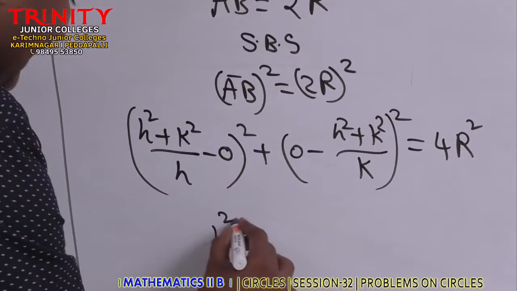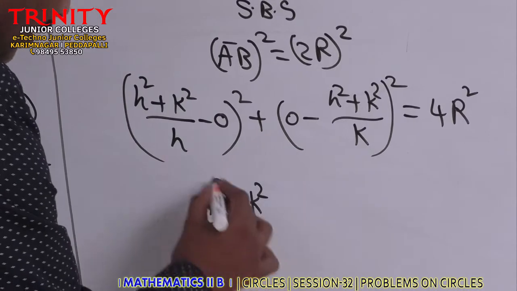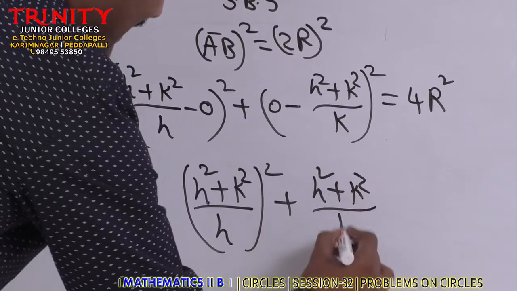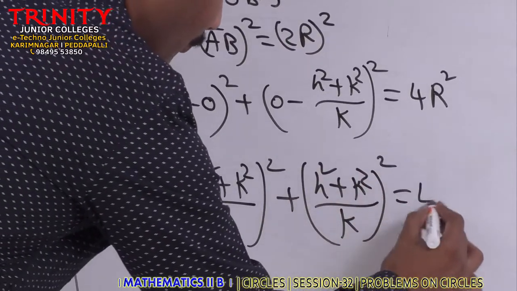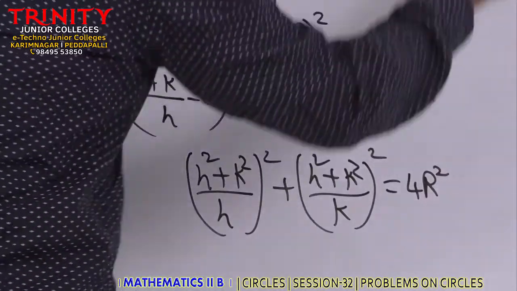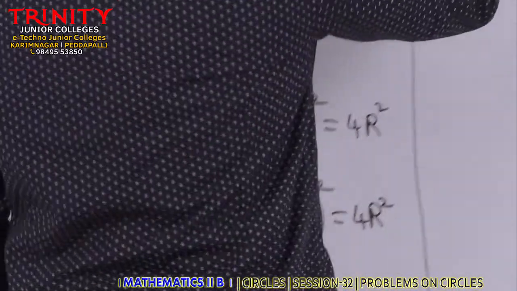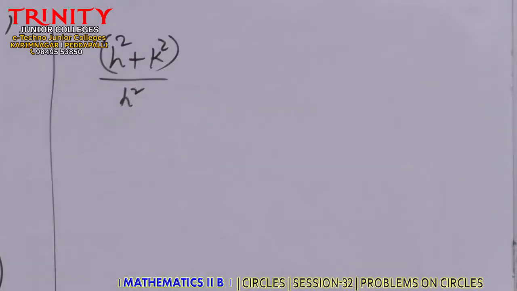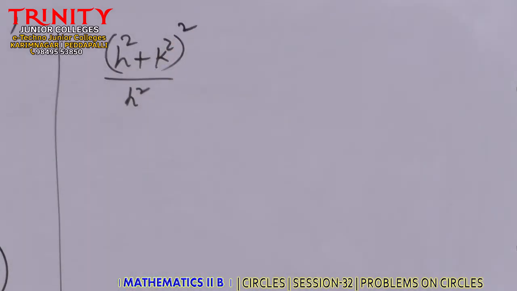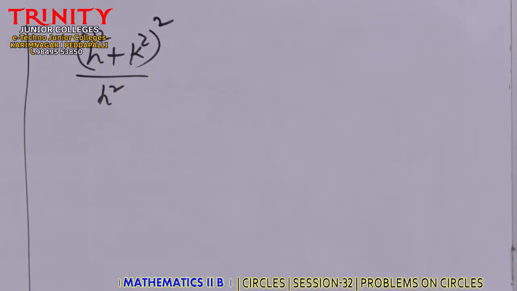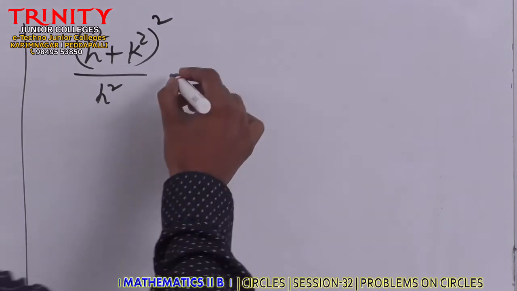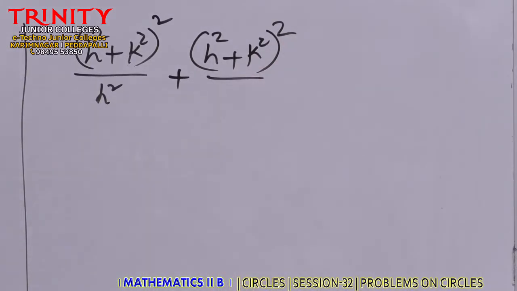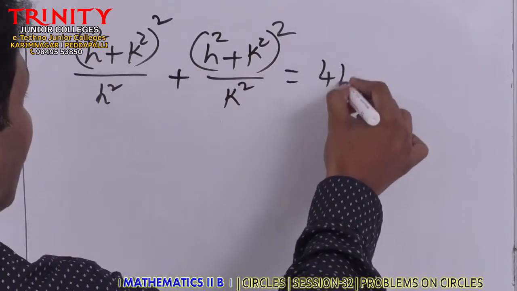That means (h square plus k square by h) whole square plus (h square plus k square by k) whole square equals 4R square, which is (h square plus k square) whole square by h square plus (h square plus k square) whole square by k square equals 4R square.